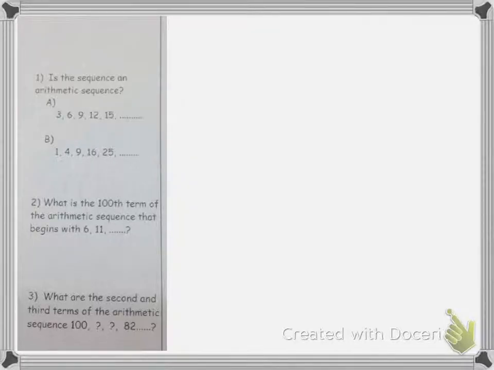So first we have to decide if these sequences are arithmetic or not. And they are arithmetic. Basically, if you can add the same number, add or subtract actually, every time to get the next term. So to go from 3 to 6, I would have to add 3. So if I do that every time, then this is an arithmetic sequence. And because I can, then yes, it is.